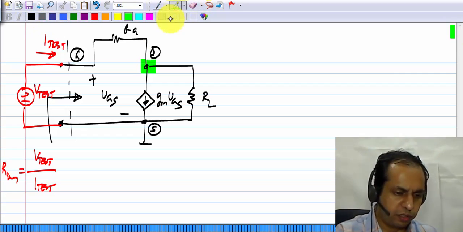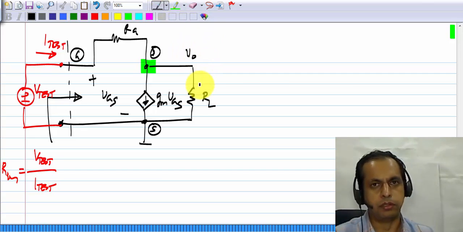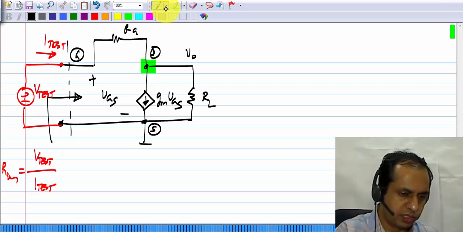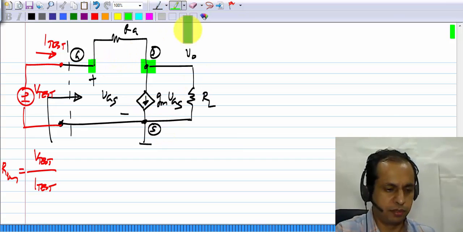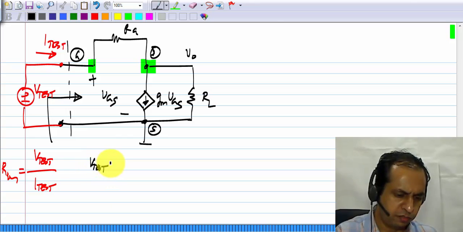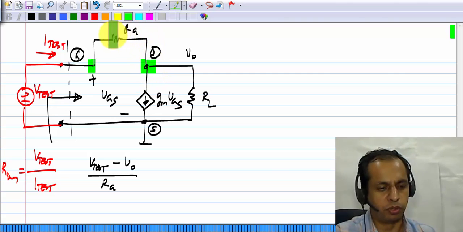So if I write Kirchhoff's current law equation here, let me call this VO. The voltage here is Vtest. I have (Vtest minus VO) by RG. That's the current being pumped into the output node through RG.